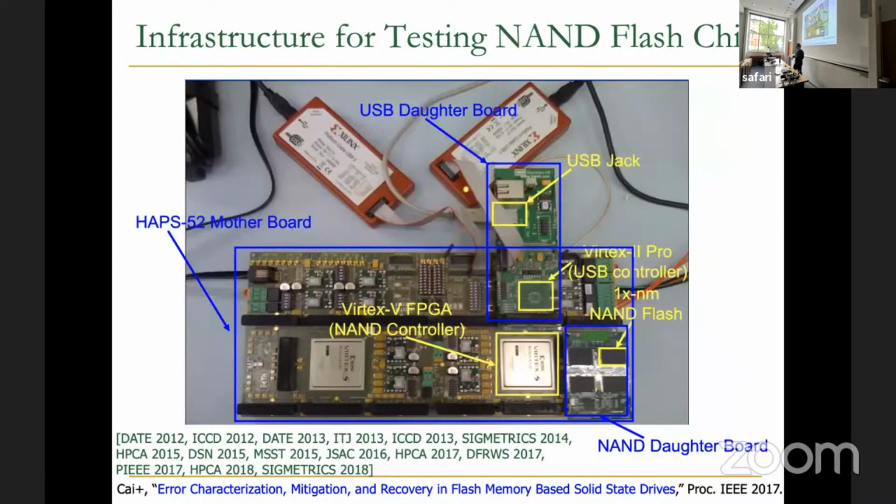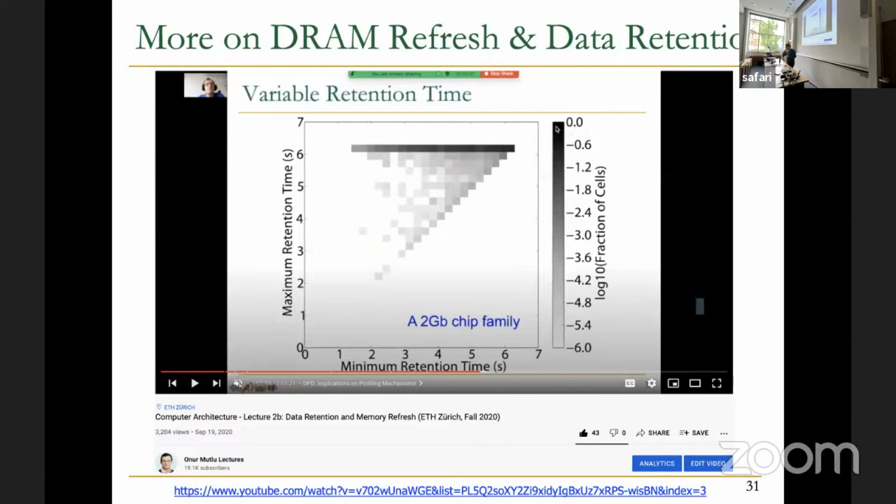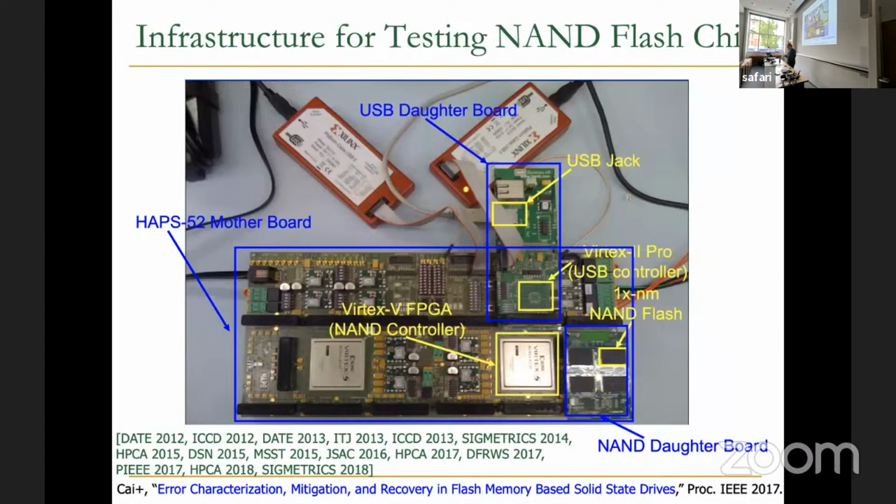At the same time, and you can actually watch some of these lectures, it's an earlier incarnation of this computer architecture, as you can see, lecture 2B from fall 2020. We kind of did some reordering of lectures over time. At the same time, we actually had built another infrastructure to test similar scaling issues for NAND flash chips. This is also an infrastructure that's very interesting.